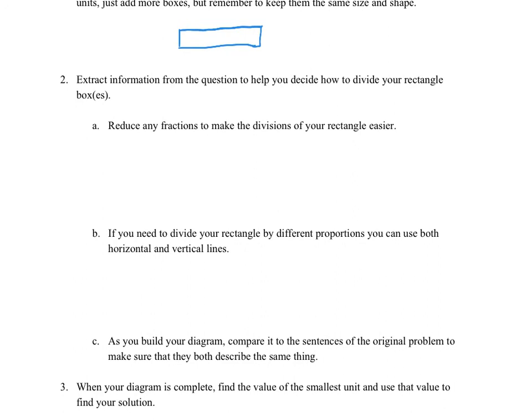Next, we're going to divide up our rectangle into smaller chunks. Maybe the question says something like 50% of an amount. Now, 50% is the same as 50 out of 100, 50 parts out of 100 parts.